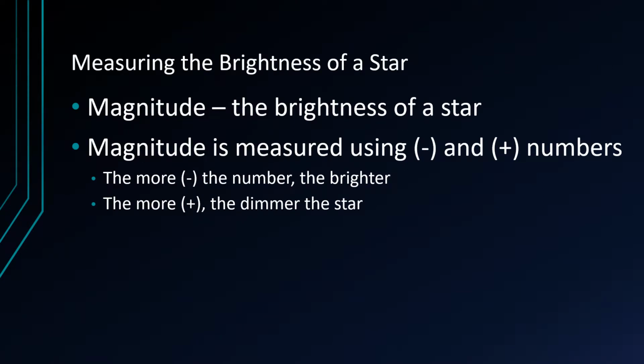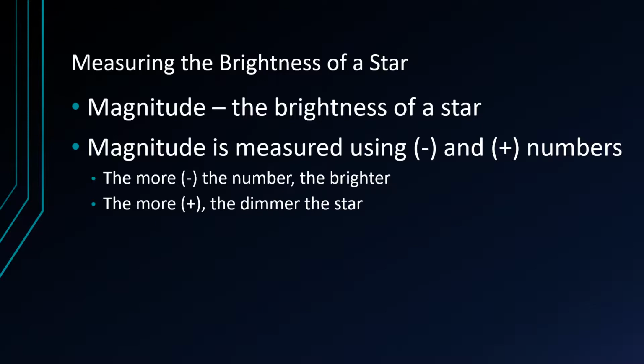Now, when measuring the brightness of a star, we have to think of its magnitude. So magnitude is measured using negative and positive numbers. And here's where this gets weird, because typically when we think of negative numbers, we think that it is less, and when we think of positive, we think more.